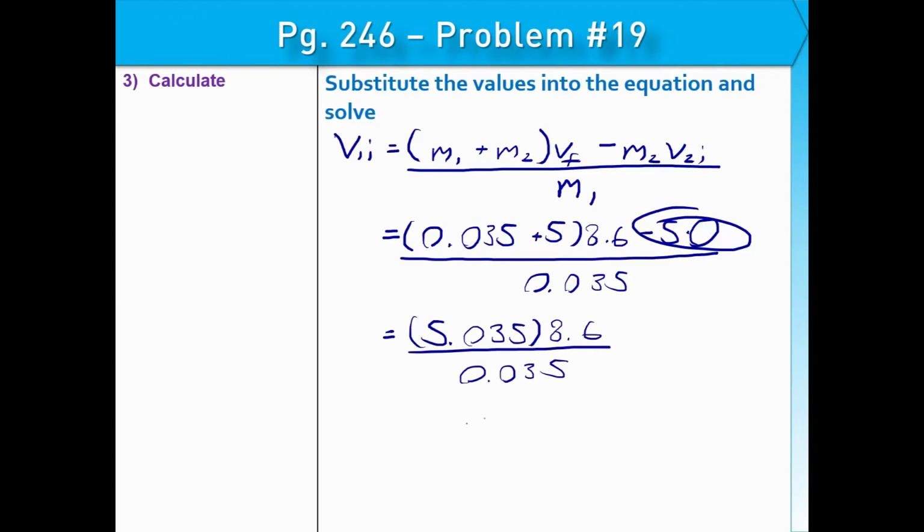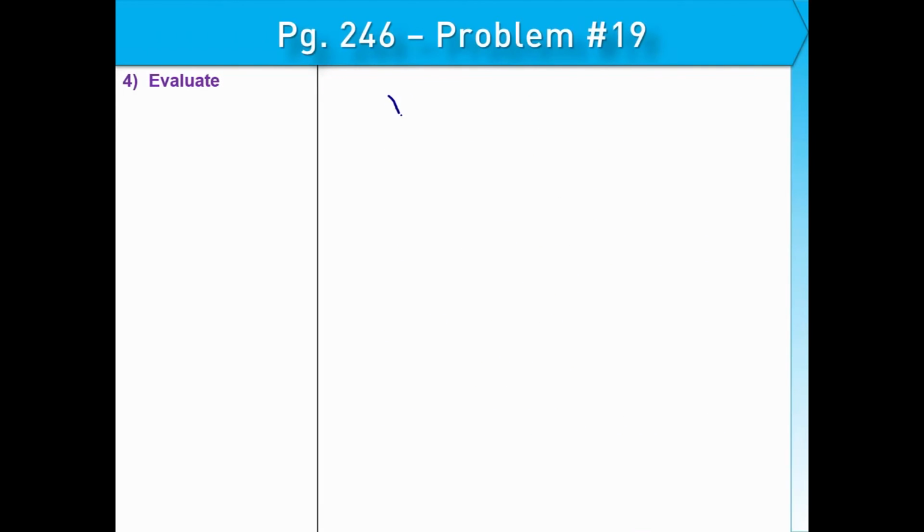If I plug this all into the calculator, I should get the value 1,237.17. Let's not forget the units. Since I'm dealing with velocity, my units are meters per second. So we got the initial velocity of the bullet to be 1,237.17 meters per second.